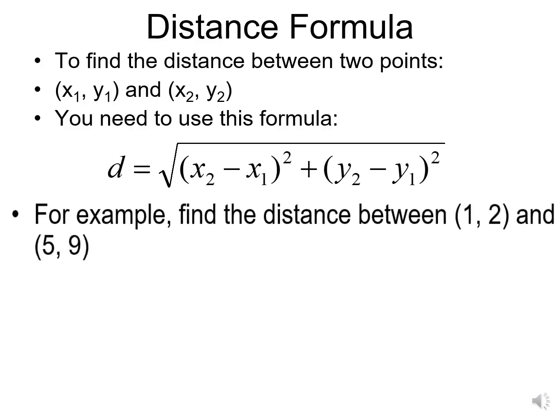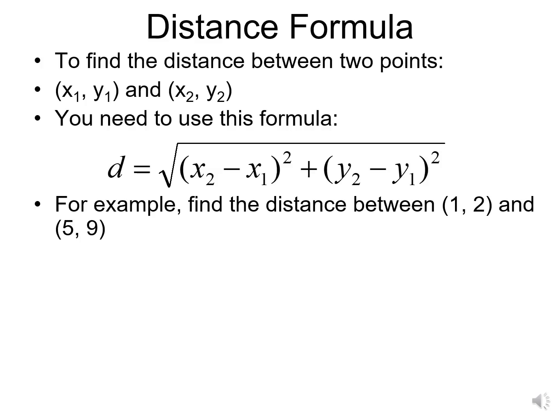Now, if we want to find the distance between 2 points, 1, 2 and 5, 9. If you notice the x2 minus x1, y2 minus y1, it's the same thing that we just covered with slope. So it's going to be a little bit easier. Now remember, x1 is 1, y1 is 2, x2 is 5, y2 is 9.